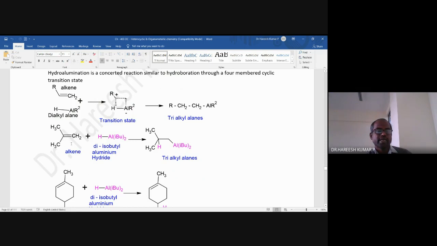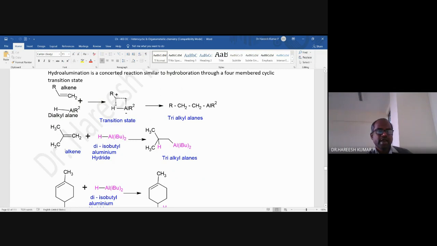So how can you get isobutene? Just take tertiary butanol, add 1 drop of sulfuric acid, there will be white fumes. That is nothing but isobutene.